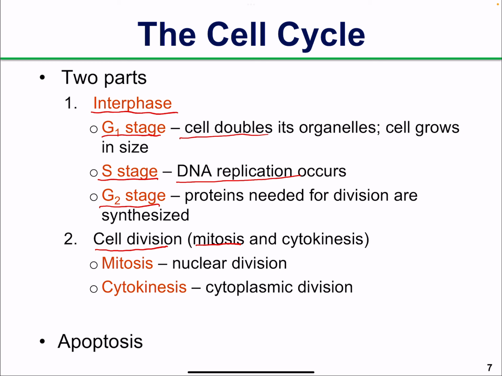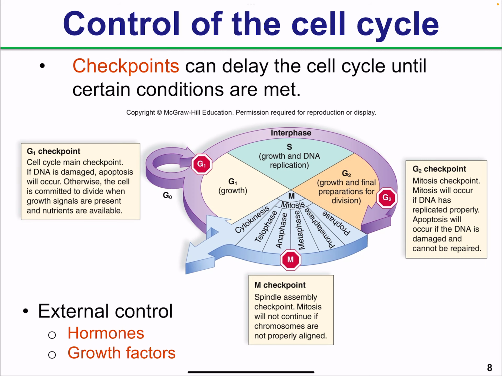In the M phase, mitosis stands for the division of the nucleus, right? And another aspect of the M phase is going to be cytokinesis, right? And any cell that is damaged enough to not be divided is going to be committed to programmed cell death or apoptosis. Let's move on.